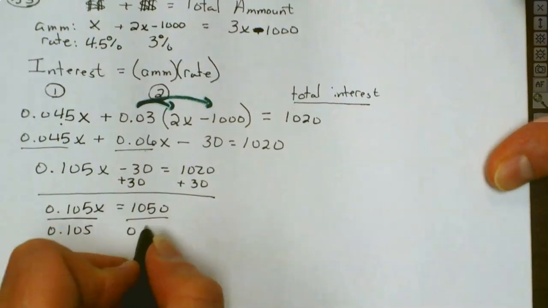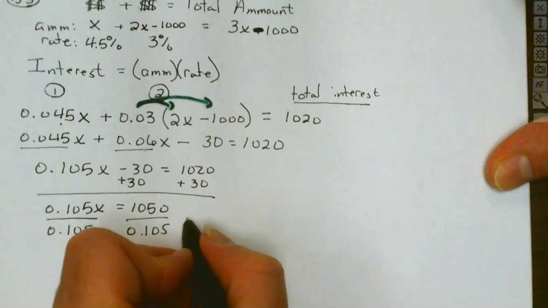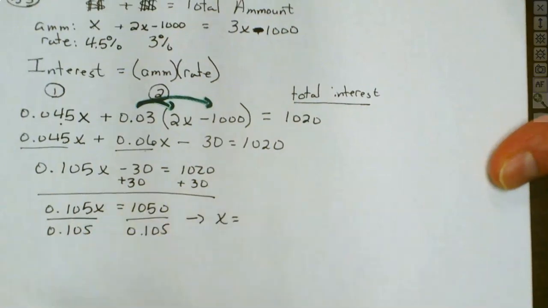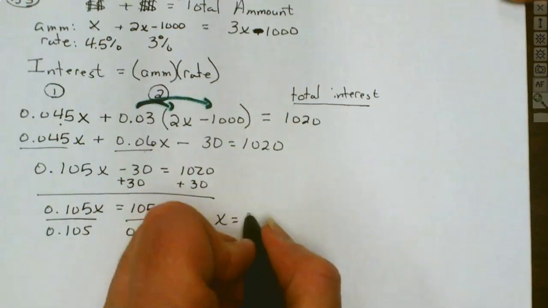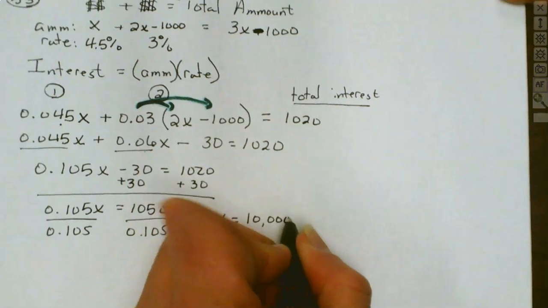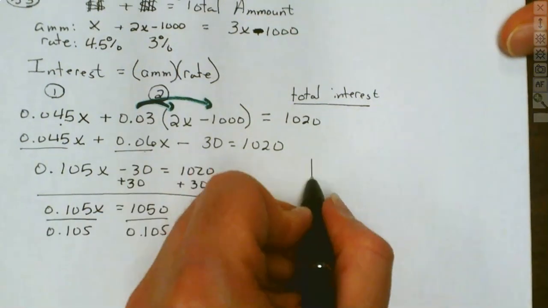Now again, when we work these out, we need to make sure that we answer the question. So that's 1050 divided by 0.105, and that should come out to be 10,000. Now, what we want, let's make sure we answer the question.